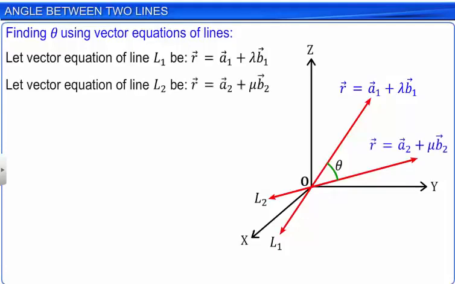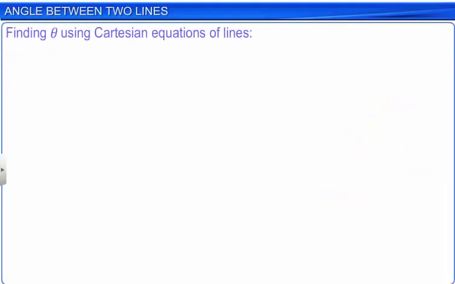The cosine of angle theta between the two given lines is equal to the modulus of the dot product of vectors B1 and B2 divided by the product of the magnitudes of the vectors B1 and B2. Let us now find angle theta using the Cartesian equations of lines L1 and L2 shown here.